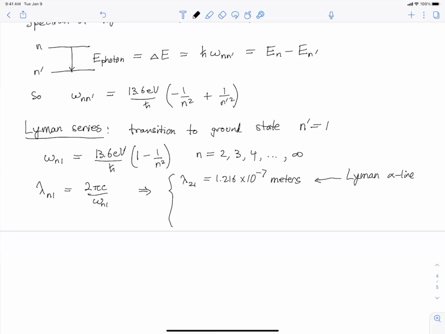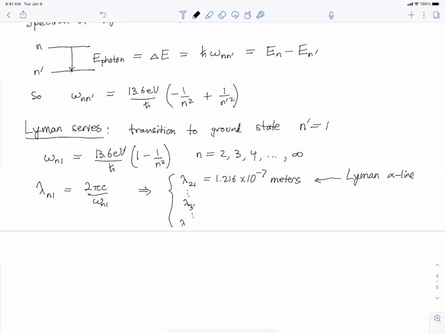That's used in experimental astrophysics quite a bit, because there's mostly nothing but atomic hydrogen in outer space. And so the light is constantly hitting hydrogen atoms, and that's the most prominent transition, the Lyman alpha line. And then you can do lambda 3,1, lambda 4,1, etc.